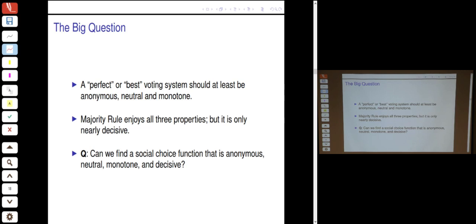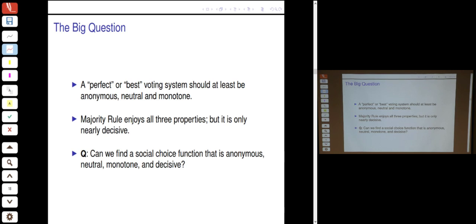It should be anonymous, so it should not depend on who is casting the vote, but on the number of votes. Then it should be neutral, fair to all the candidates, so if you switch the votes of the different voters, the winning candidate should also switch accordingly. And it should be monotone, in the sense that getting more votes should not hurt.